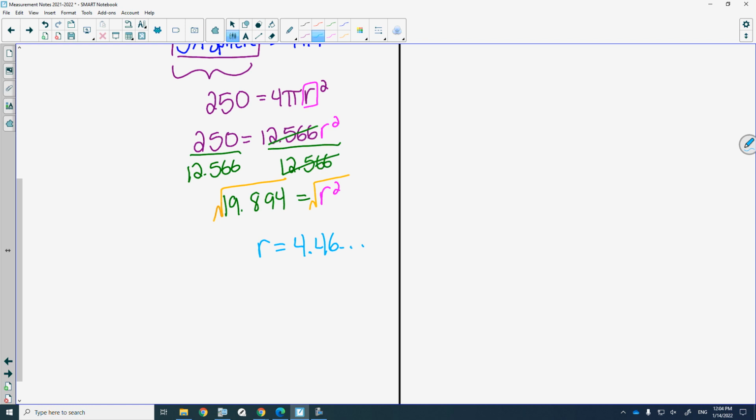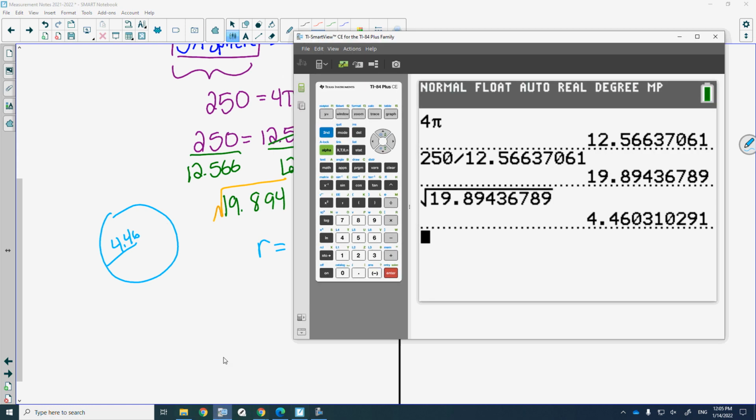And the question though was, what is the diameter? So McLeod, what do you want me to do with that answer? Multiply it by 2. So what you've just calculated on a soccer ball, you've just calculated the radius, which is 4.46. That's the distance halfway across the circle. The diameter is the entire distance. So whatever that answer is, multiply that by 2. Now we have our final answer that we could round. And it says it wants the rounding to what?